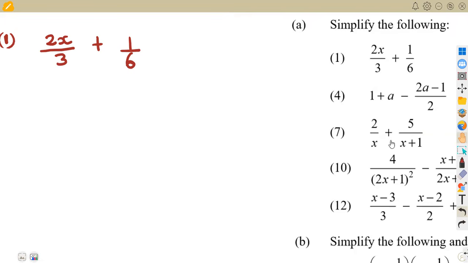Whenever you are dealing with addition and subtraction, what you are going to find is the LCD, which is the lowest common denominator of the given numbers. With this, we've got two ways that we can consider our addition. What is the LCD of the two numbers 3 and 6?